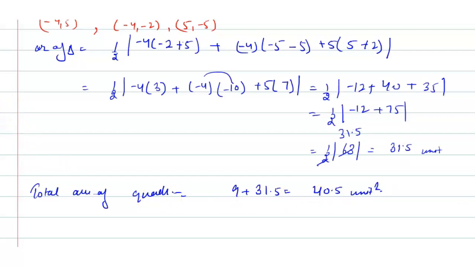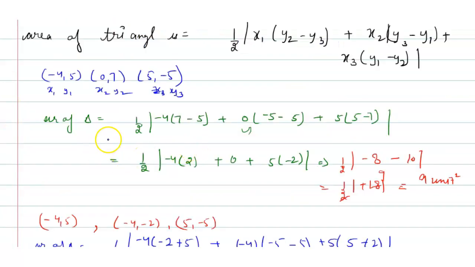Next, you can see that here is the value of x1 (y2 minus y3), and here y2 is this one and y3 is -5, and minus is in this formula, so minus minus plus here, so 7 plus 5 is 12. This is my mistake.